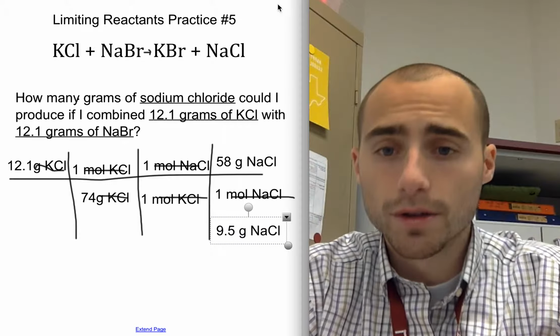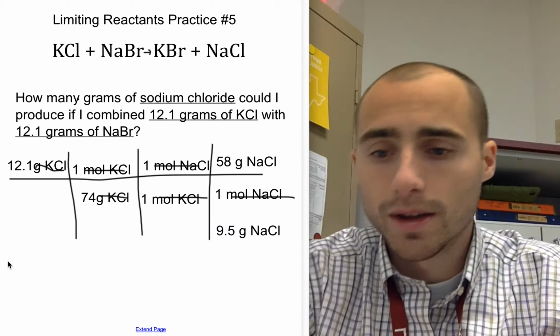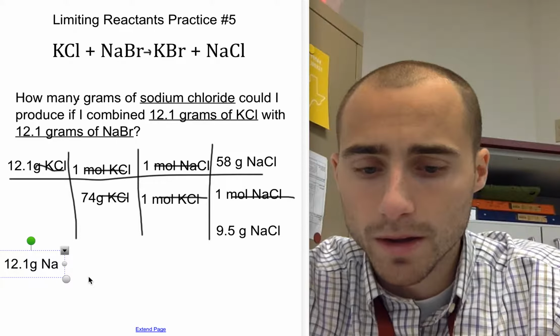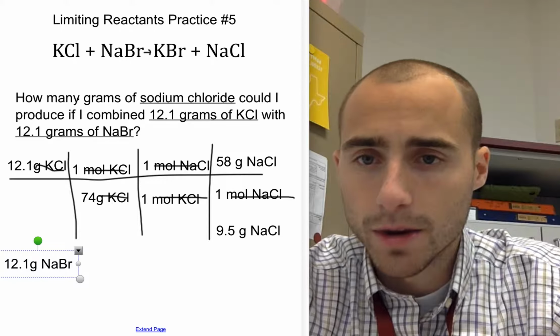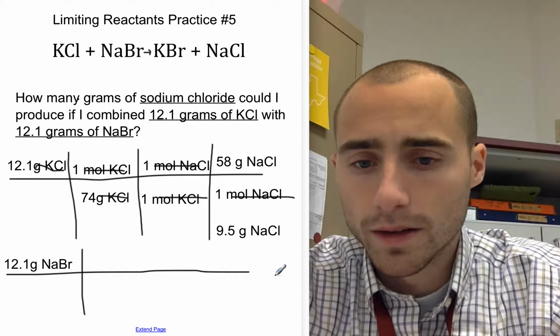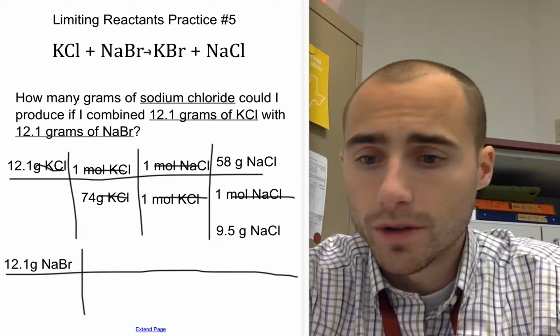We have to do another dimensional analysis, this time with grams of sodium bromide. So we have the same number of grams of sodium bromide, so 12.1 grams of sodium bromide. Set that up right there with our dimensional analysis.